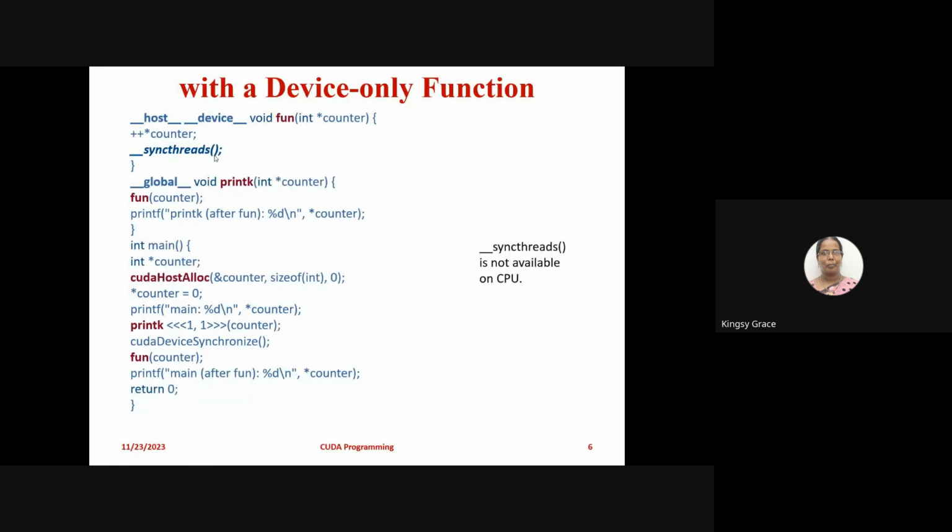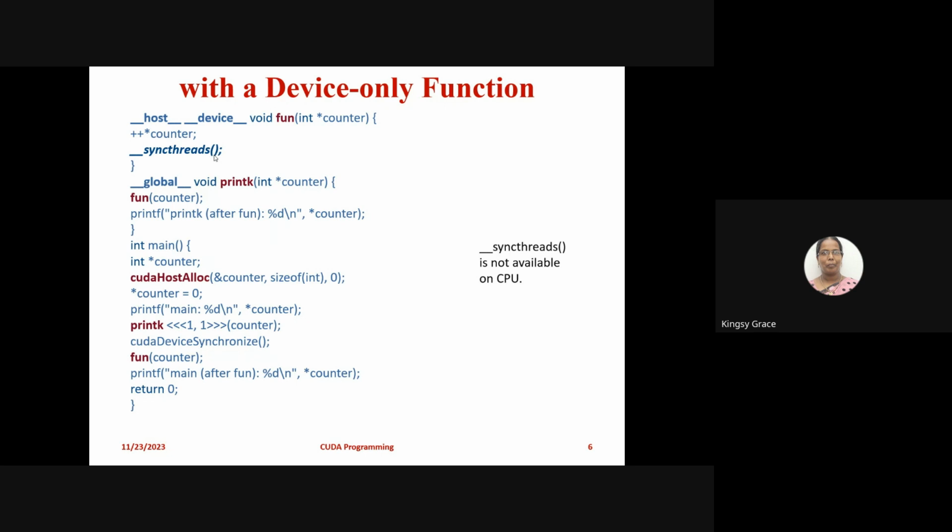We saw in the initial classes that if you use sync threads, once all the threads have executed, only after that will it go on to access some other memory.